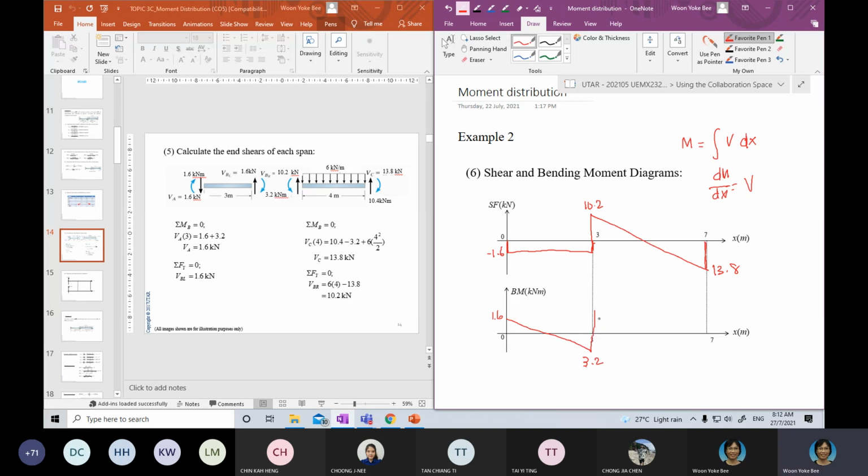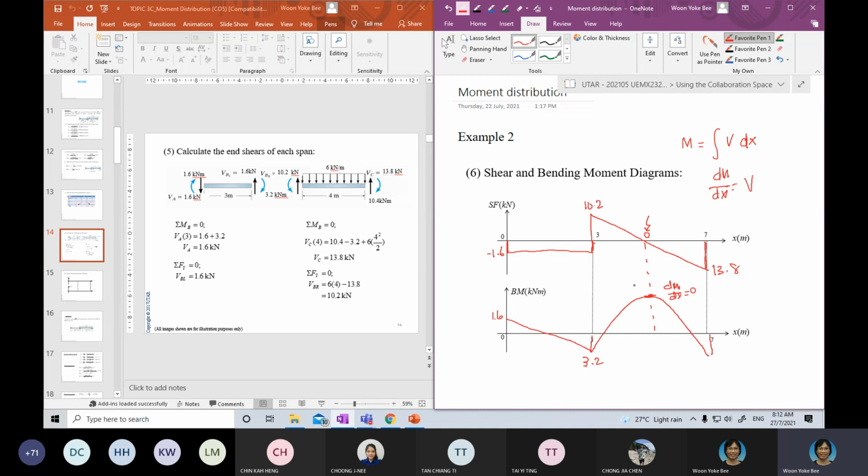And here, this is your V, so the gradient of M is your V. This is positive here, which means the gradient should be positive, and then when your V is 0, this would be the turning point, when dM by dx is equal to 0.